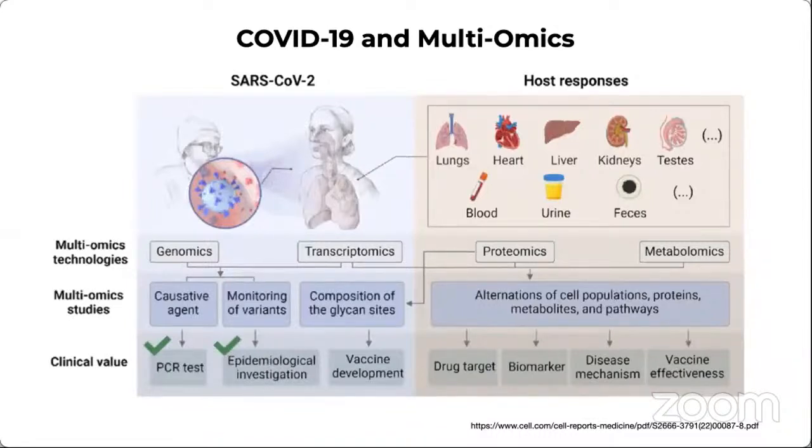But we have a whole plethora of omics data from the host and also from the pathogen responses, which can be integrated into big multi-omic studies. That aspect of the pandemic scenario has not been explored in detail so far.